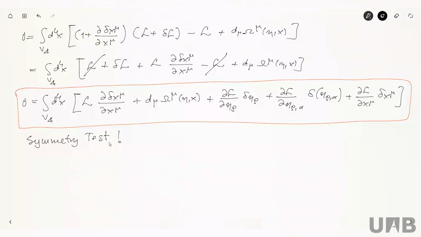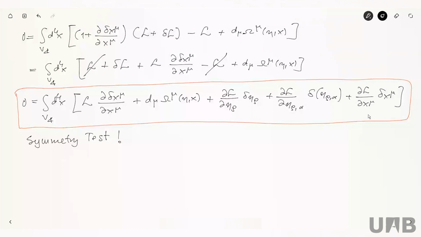So this is now what the symmetry test looks like, okay? This whole thing has to be 0. And notice that we arrived at this symmetry test without using the equations of motion. So that is the extra piece of information that we'll have to use now. Now we have to see what this symmetry test looks like when we use the equations of motion on it, okay? So now we're going to start using the equations of motion.